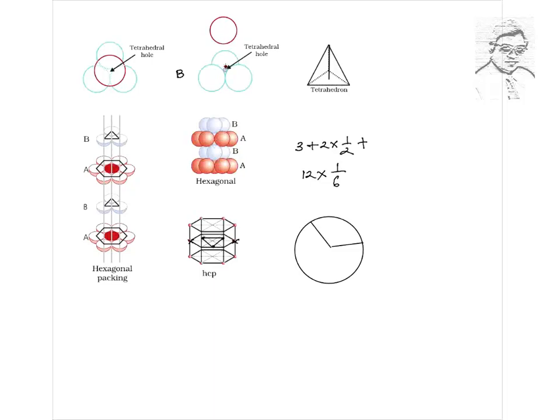That will be this once it is placed here. So that will be this, or that will be this. I'm talking about this. This is the height of the tetrahedron, from here to here.